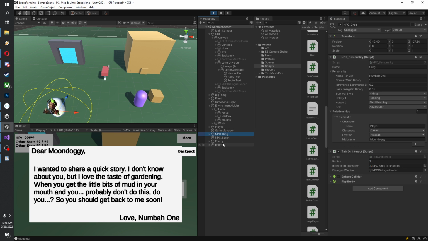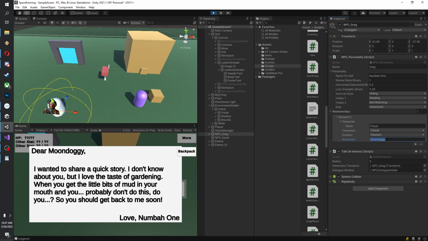So for instance, we have here the name of the character, the name that they call themselves, so the character's name might be different from their nickname that they refer to themselves as. It also does the same with the player, where you have the player and then the nickname that this character uses for the player. These determine what is written here.